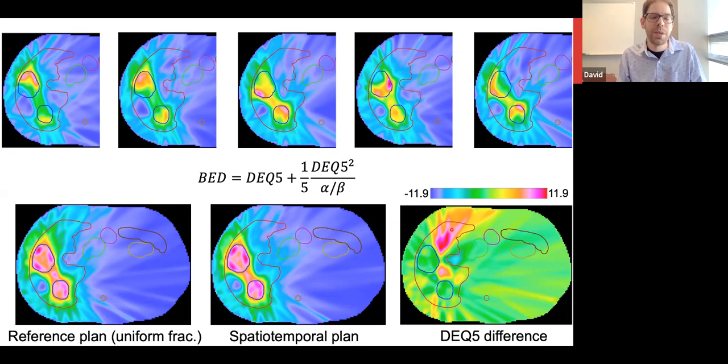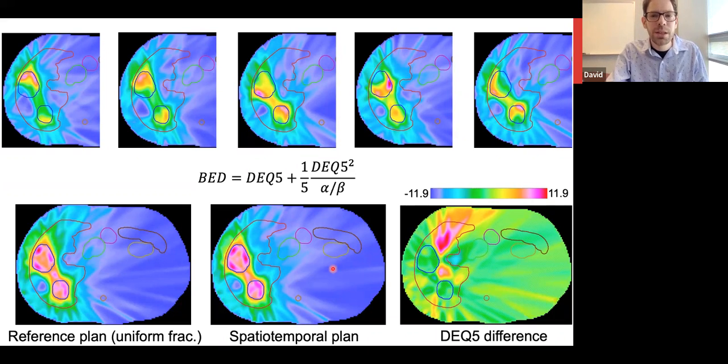It's not a question of whether this is a substantial benefit. It's clearly a substantial benefit. If you deliver the same effect to the targets as the reference 5-fraction treatment, but the effect on the liver is as small as if you only delivered 4 of the 5 fractions, then that's a very interpretable difference, is what I'm trying to say.